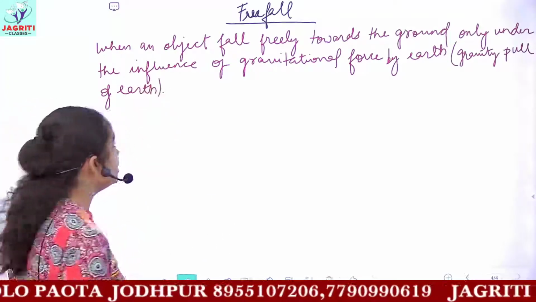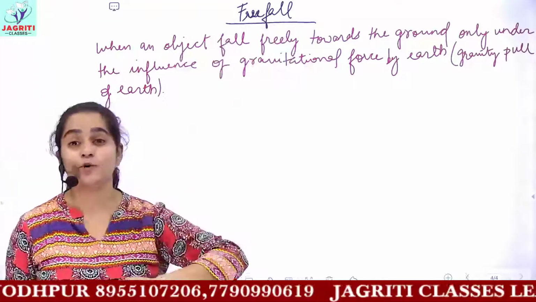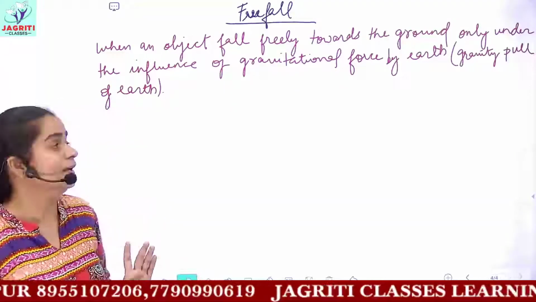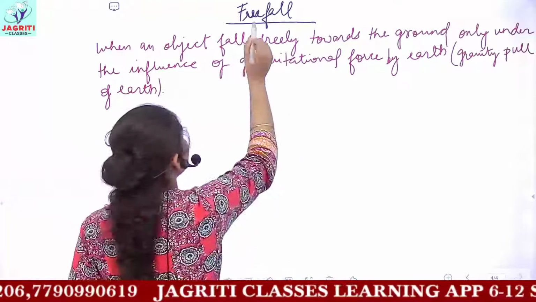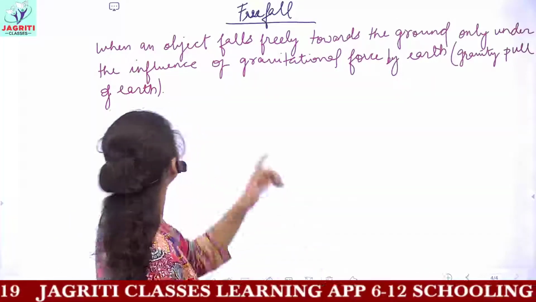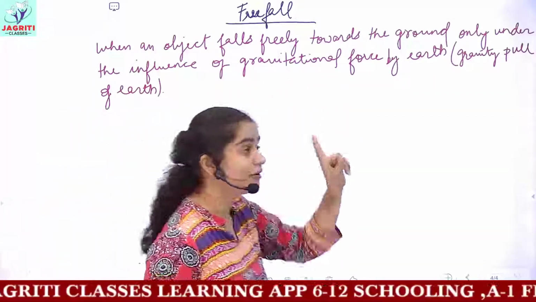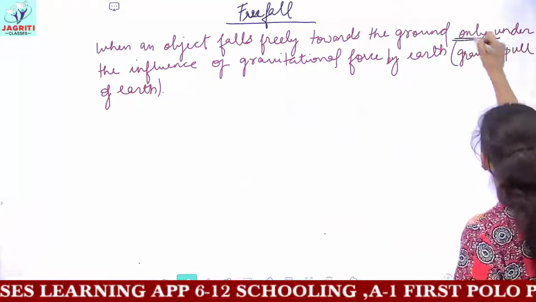Now this definition till here tells you the meaning of the word free fall, but it is still incomplete. Whenever an object falls freely towards the ground or towards the earth, only under the influence of gravitational force. The word only here is very important.